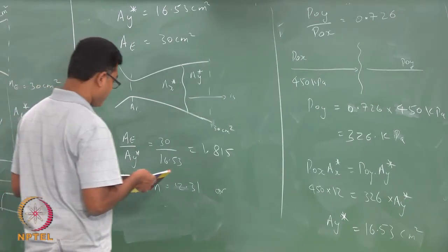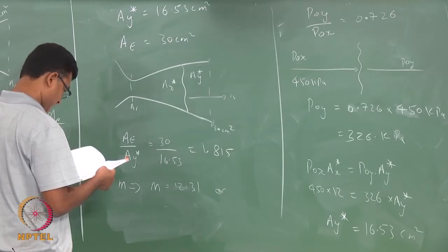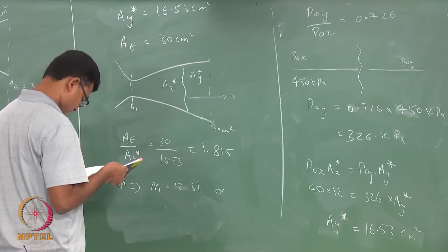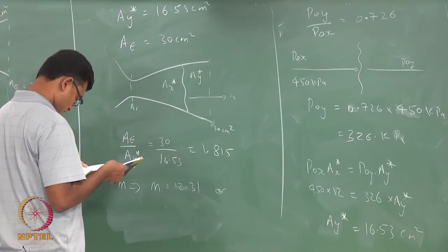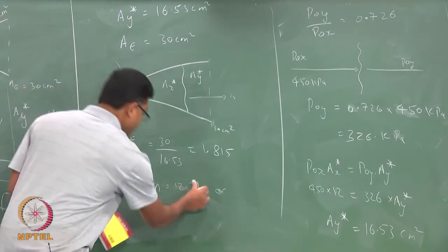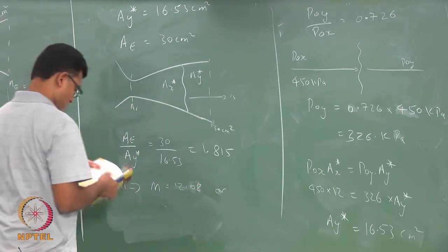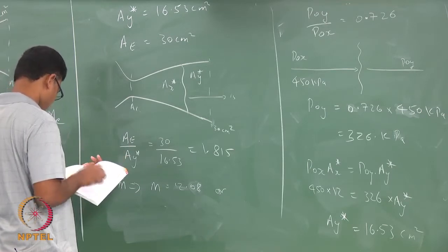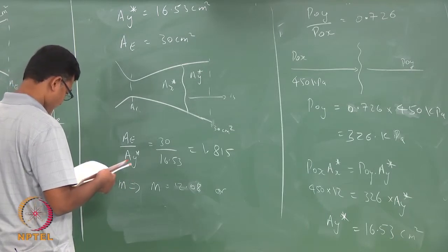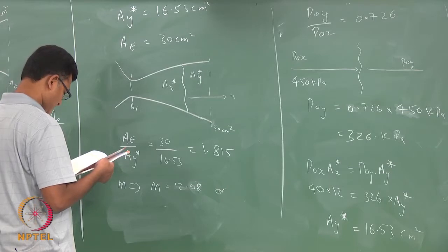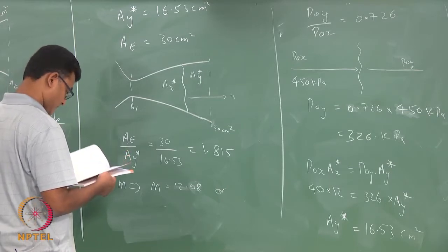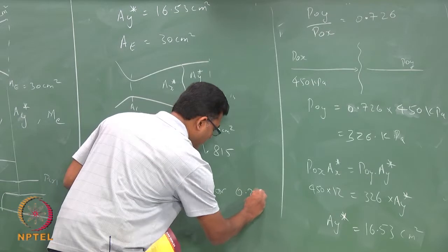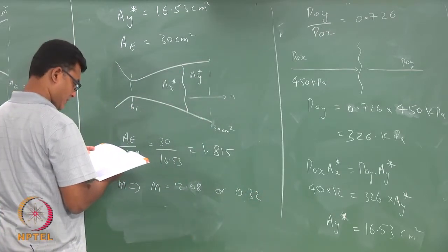A by A star 1.85. 1.85 is 1.81, is around 2.08 or around 0.32, 0.34.